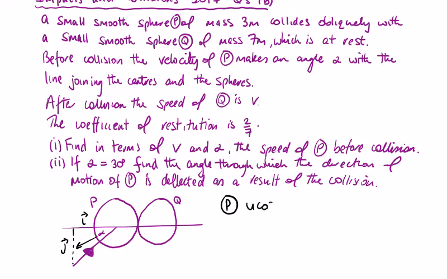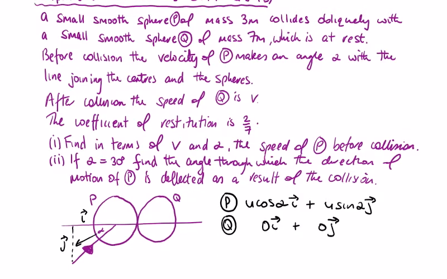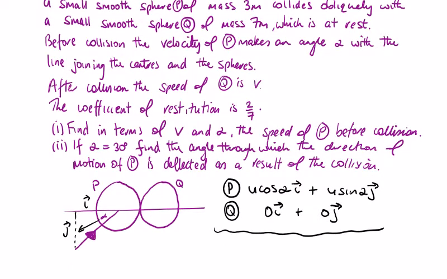So u cos alpha times I plus u sine alpha j is P. Q is at rest, so it's 0I plus 0j. That's before.